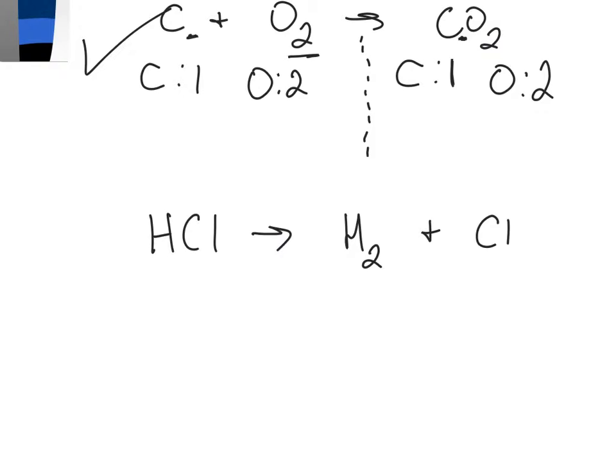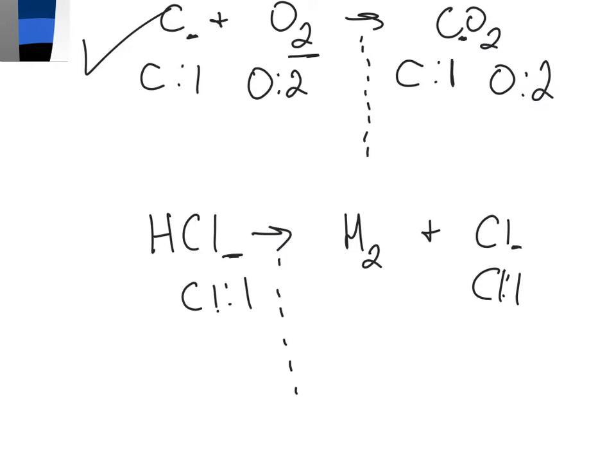So first thing I want to do is start with anything that is not a hydrogen or oxygen. So I'm going to start with my chlorine. And again, I have no little numbers here, so it's given I have 1. I go to this side. It is given that there's no little numbers here, so I have 1.